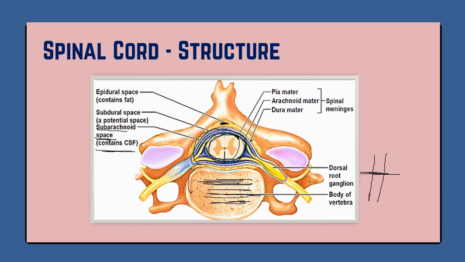This has fat. It also provides protection and cushioning to the spinal cord, right? Then there is the subdural space also inside this. All these spaces give protection to the more sensitive or important part, which is the spinal cord. So that was the general structure of the protective outer layers.